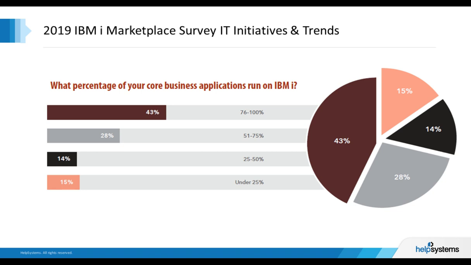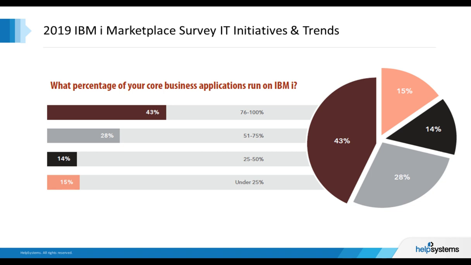Okay, so the health and the stability of the IBM I platform is clear when considering 71% of respondents rely on it to run more than half of their core business. Frightening. The issue for organizations tends to be modernizing the user interface to these critical applications so that as business unit users retire and a new workforce appears, they're not shocked by this green screen interface, this perceived old school interface.